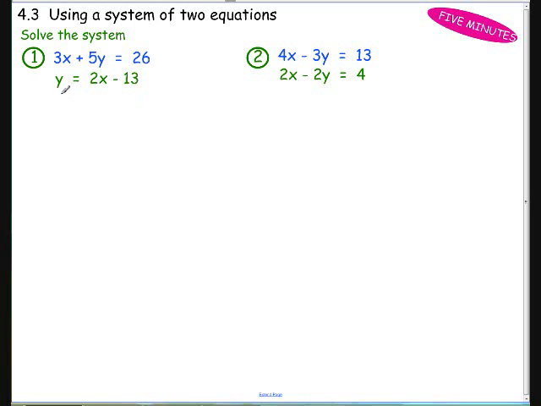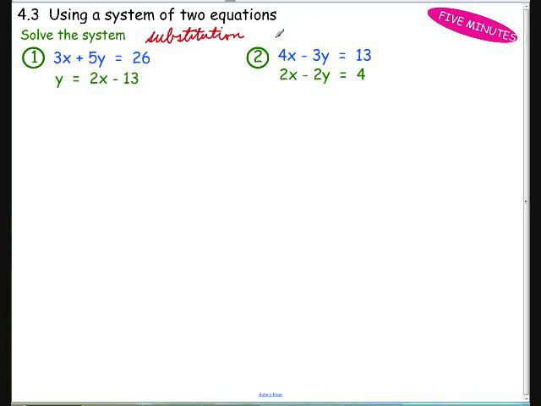We're going to do a quick review. One of the things we're going to do right here is determine which method works the best. Should we use substitution, or would linear combination work better?